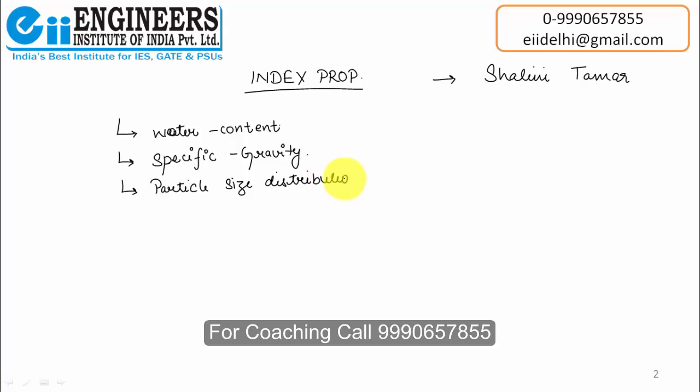Next important index property is consistency limits. Next is in situ density. When I say in situ, it means field density.